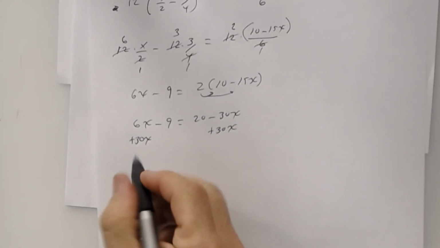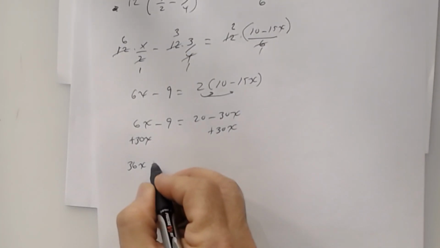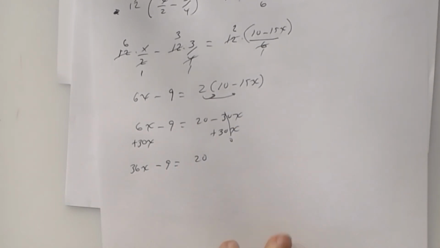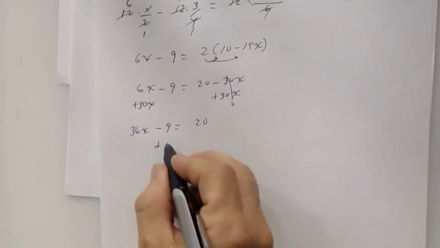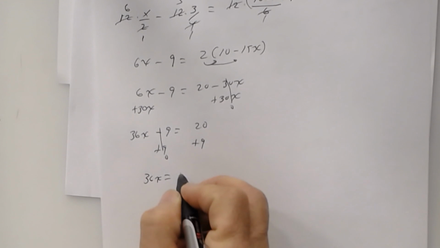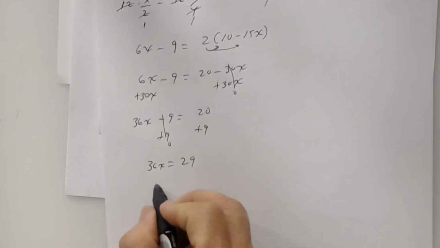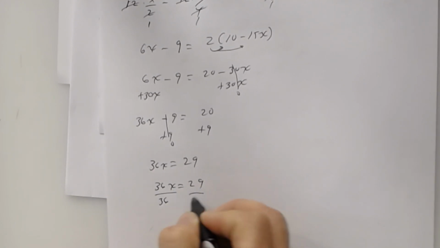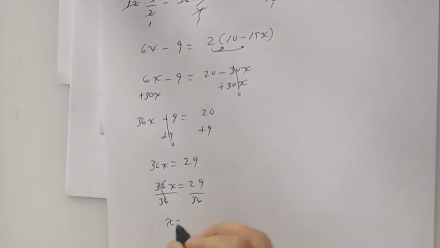I get 36x minus 9 equals 20, so 36x equals 29. Divide both sides by 36, and so I get x to be 29 over 36. So I get x to be a number, and it's not a restriction because there aren't any. So that is the solution.